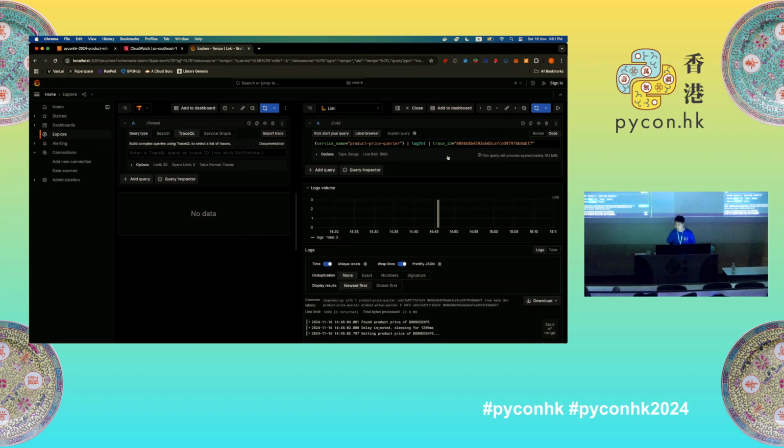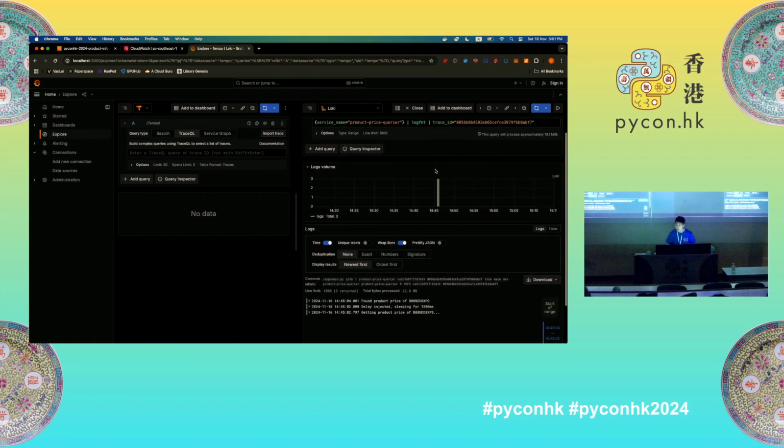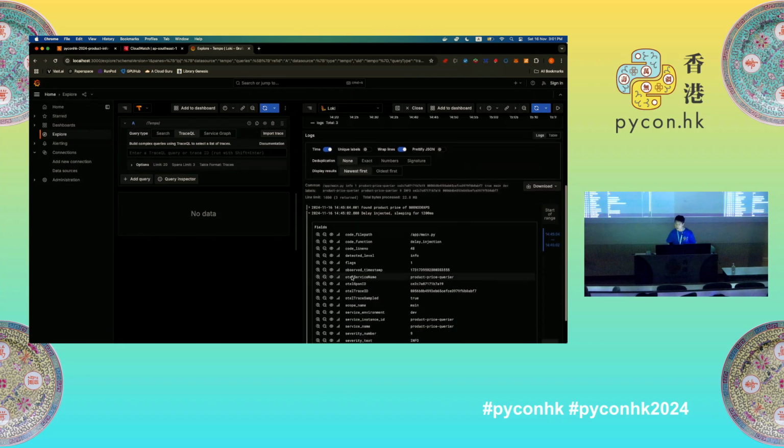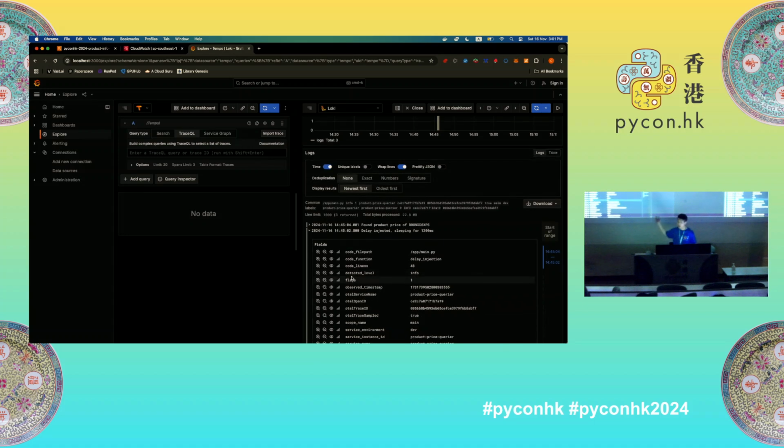Maybe I just clicked on the wrong span, but in the full trace you can see that the reason it's running that long is that I have done something called delay injection. I just add a sleep of 1.2 seconds to make it long.